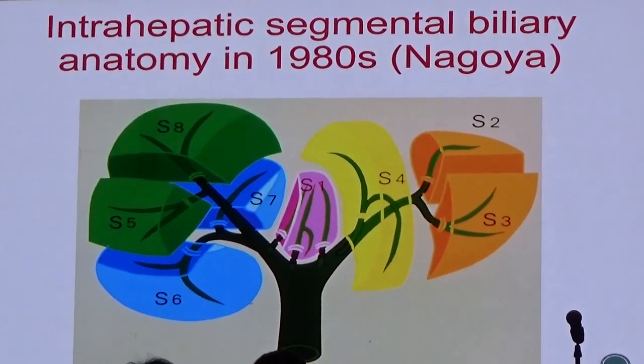This is a modification of Couinaud's portal vein anatomy of the liver. This is very important and very useful to diagnose the preoperative biliary investigation, and also very helpful to design the surgical procedure preoperatively.